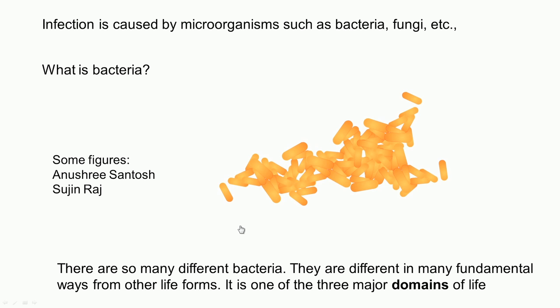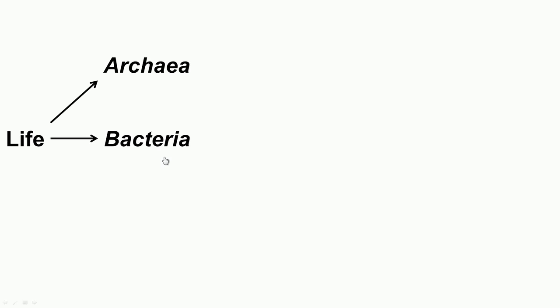Now, let us get back to domains of life. Bacteria is one of the domains. The other major domain is archaea, and eukarya is the third major domain. This is what I call a domain. There are three major domains in life, and each domain has many kingdoms.